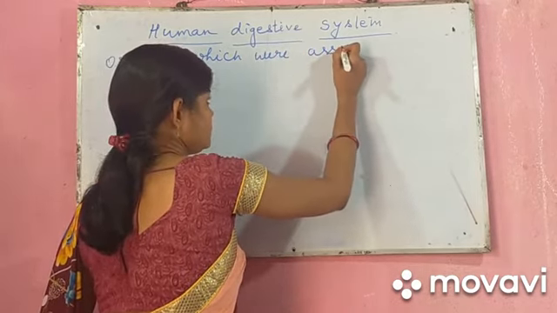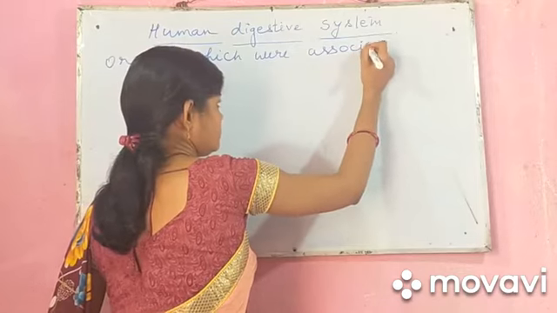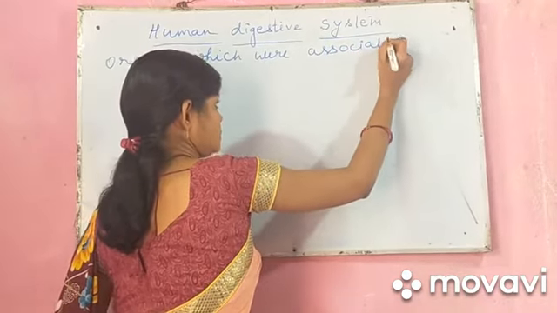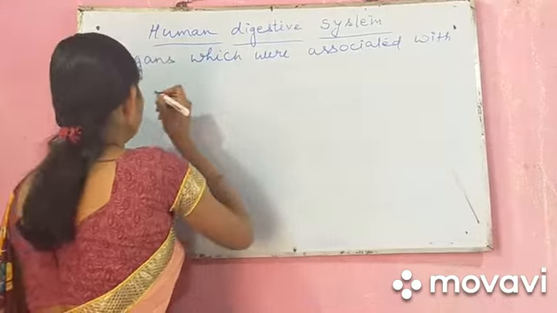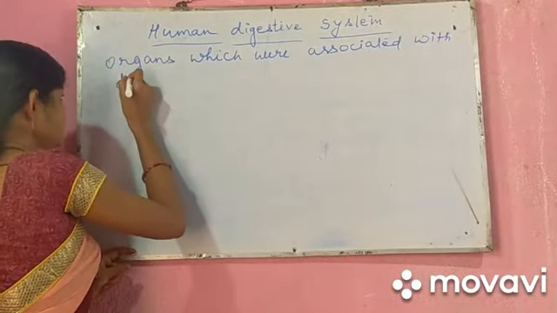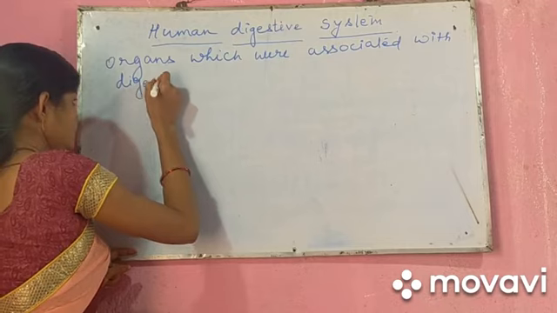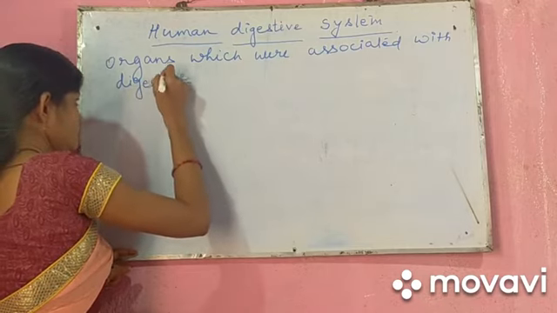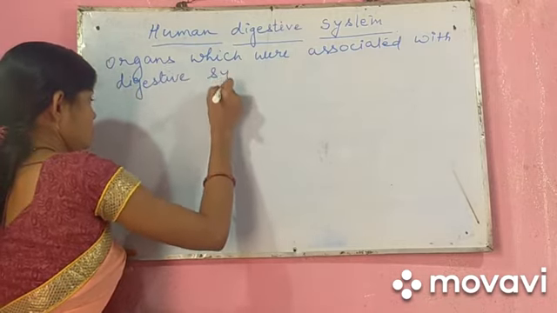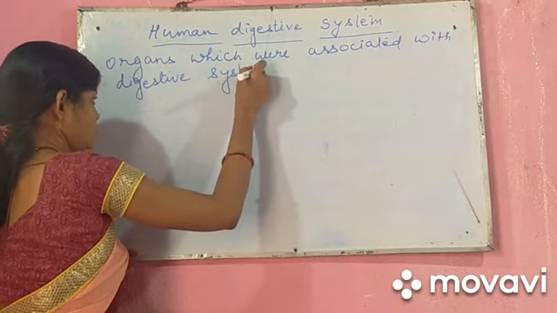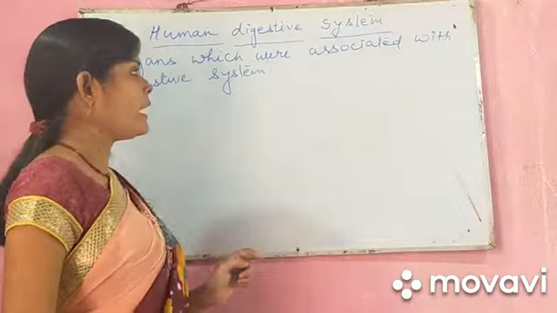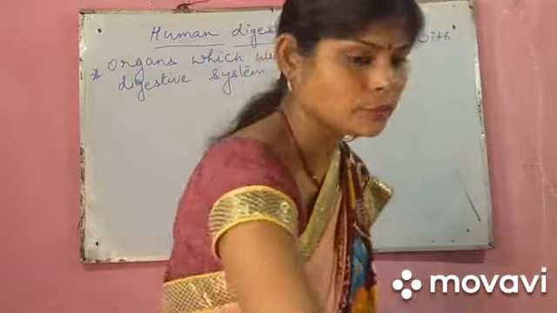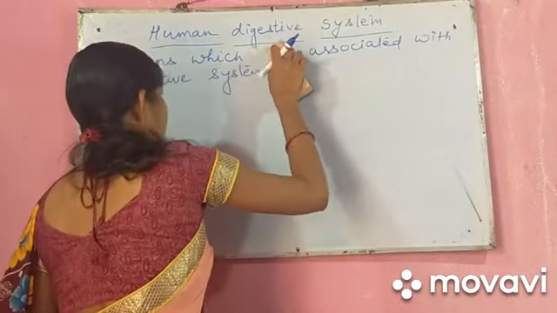Organs which are associated with the digestive system.